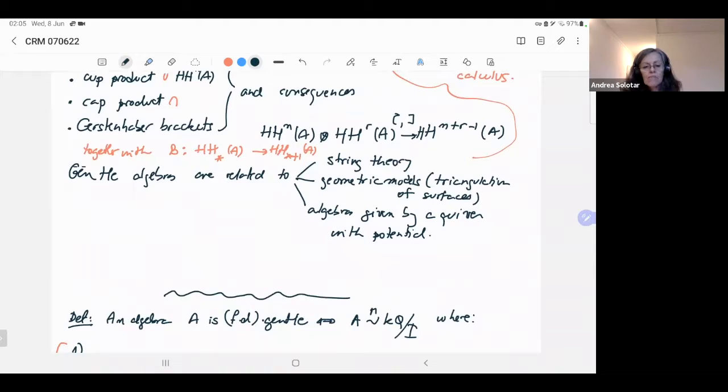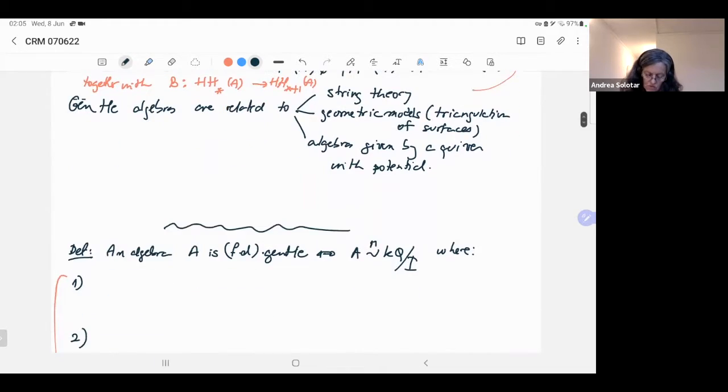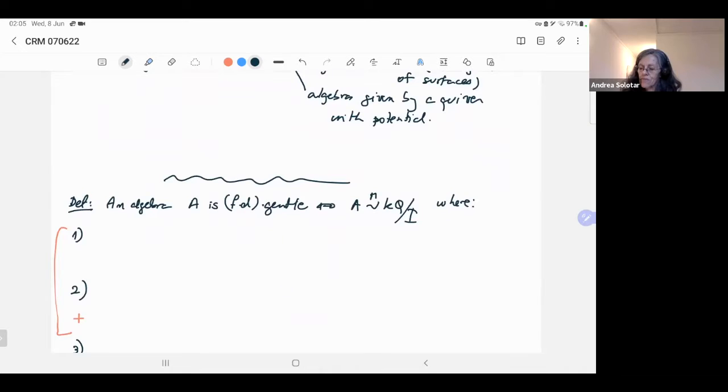So let me briefly recall the definition of a gentle algebra. We are going to say that an algebra A is always going to be a K-algebra over a field K, and it is going to be gentle, for finite dimensional, if and only if the algebra is Morita equivalent to a quotient of a path algebra divided by an ideal, where there are some conditions.